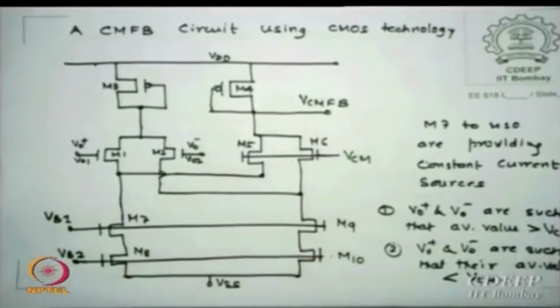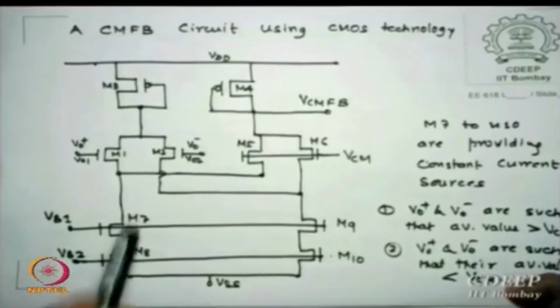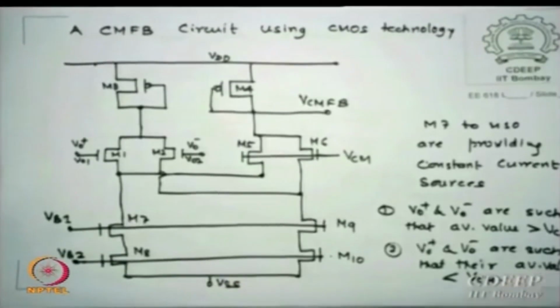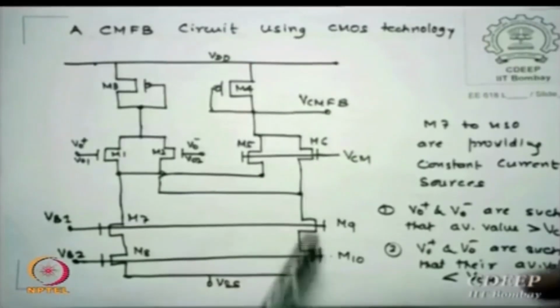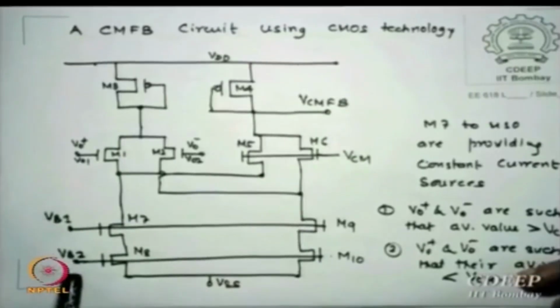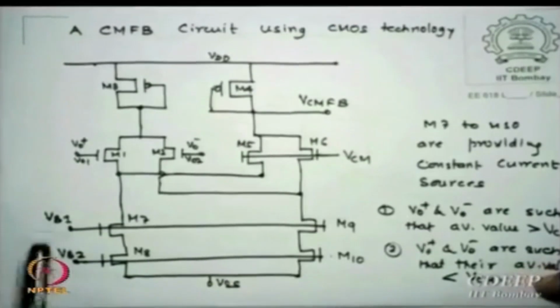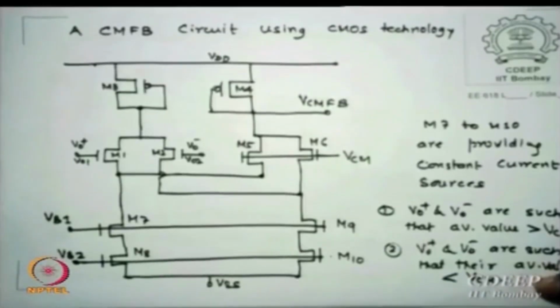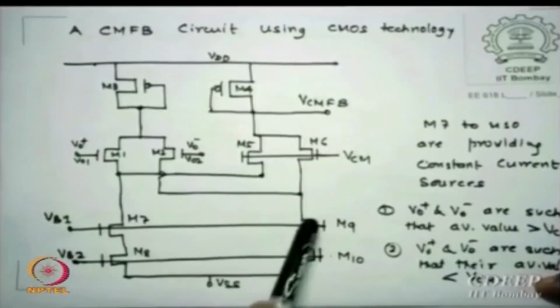M5 and M6 receive the value of VCM which you want to set; that is the value you set there. Then M7, M8, M9 are essentially our current sources, because they are given from fixed supplies VB1, VB2, maybe from bandgap references, so that these are constants. Please remember these are current sources.